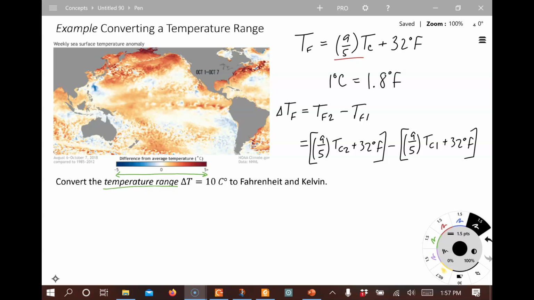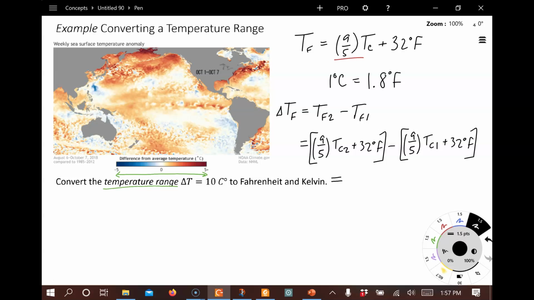Now we can see what's going to happen here as we subtract the 32 Fahrenheit from this 32 Fahrenheit. Those cancel out. And then we have a common factor, 9/5, which we can factor out. And we're left with the difference of these two temperatures in Celsius, right? So we're going to end up with TC2 minus TC1.